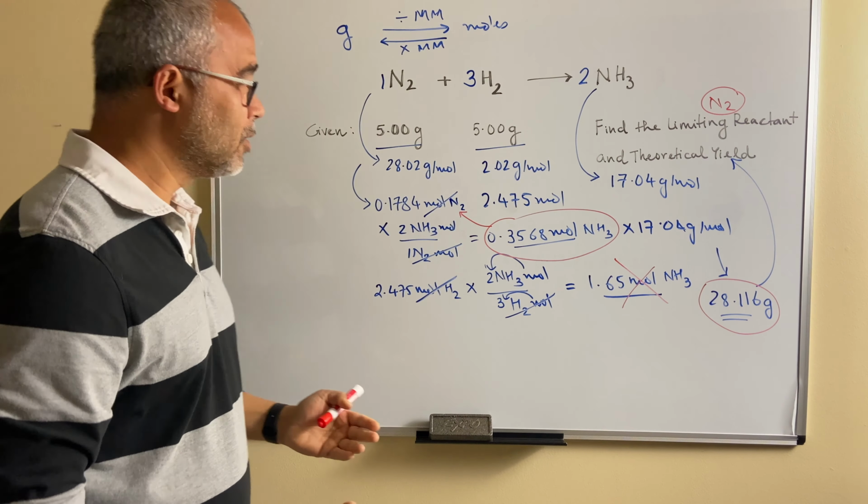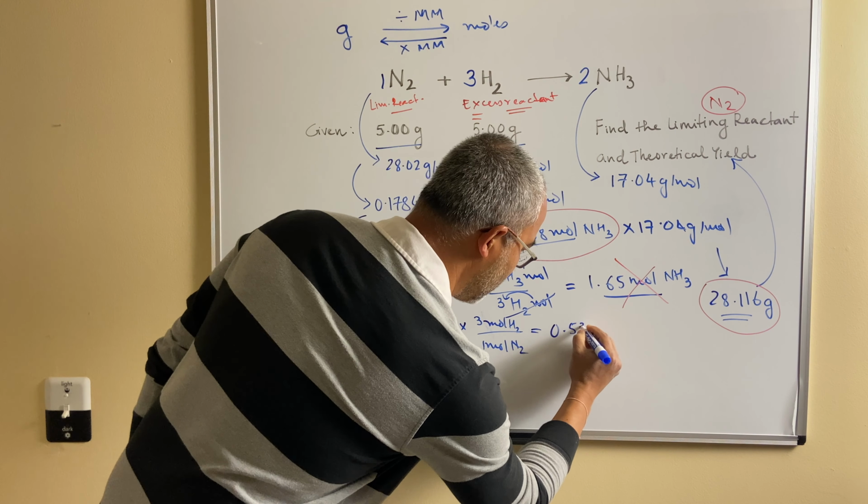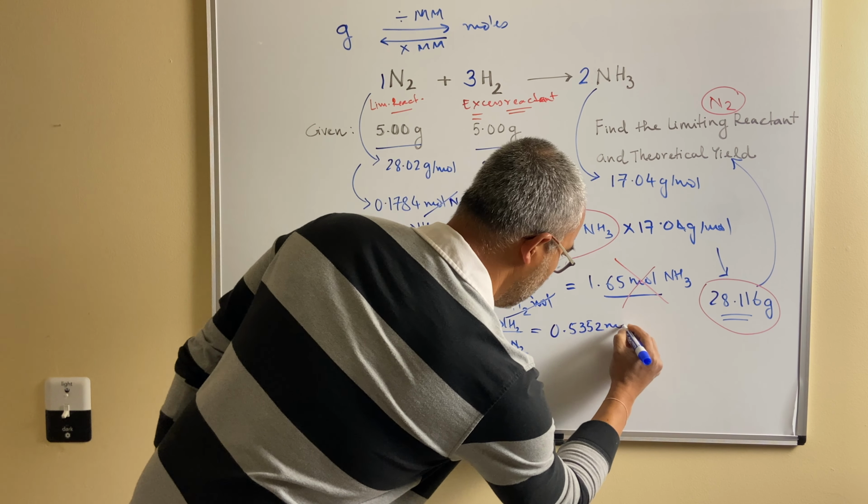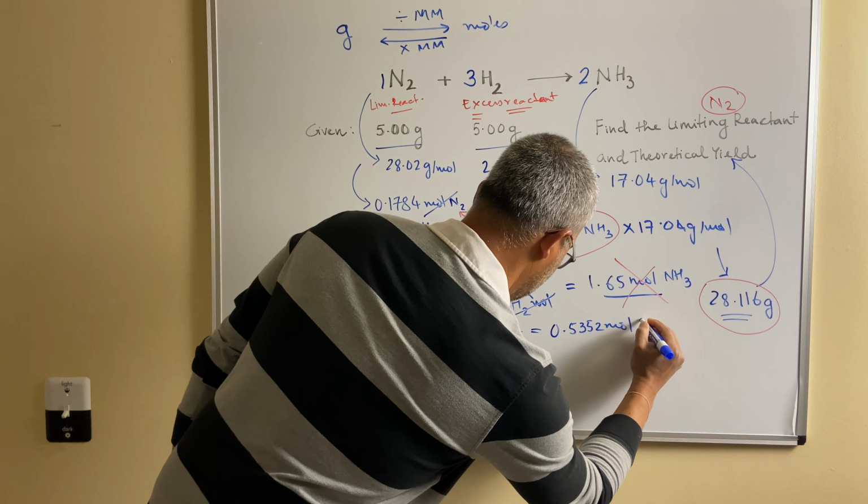So that's times 3 moles hydrogen over 1 mole nitrogen. And that's going to give us 0.5352 moles hydrogen. Those two cancel out.